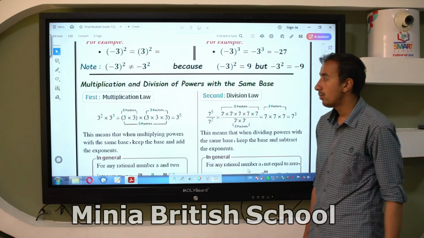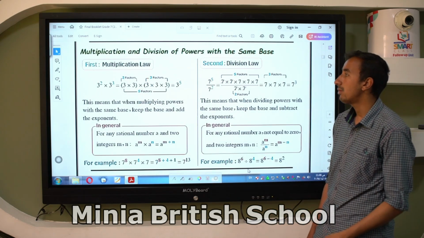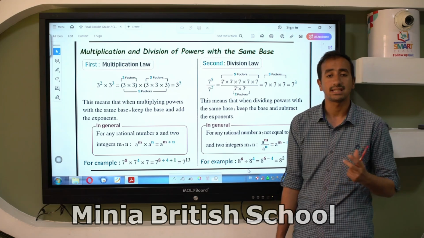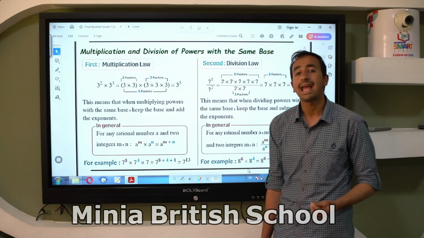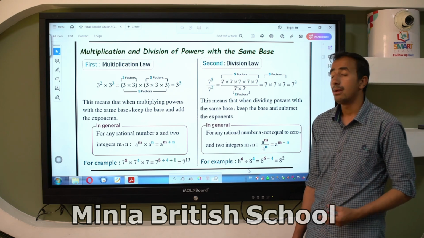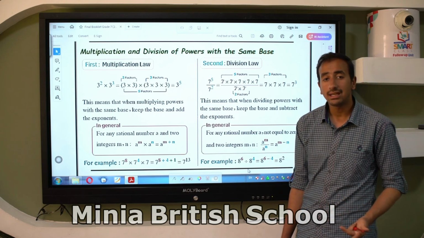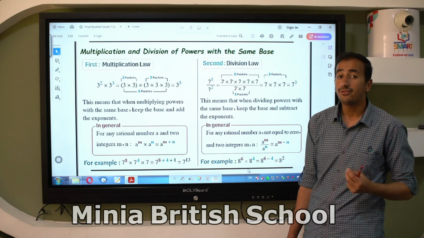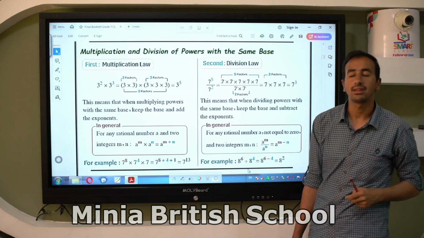Now we have multiplication and division of powers with the same base. If the base is the same, you add the exponents of the two powers. But if you divide with the same base and different exponents, you subtract the exponents.